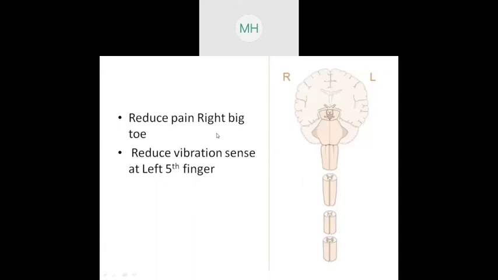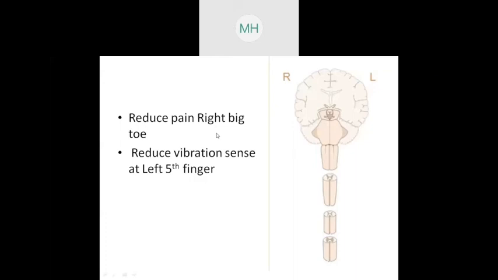Okay, so for sensation deficit, what I find helpful is you have to know which tract is involved. We have only two basic tracts, the posterior tract or the anterior tract, which is the dorsal column or the spinothalamic.